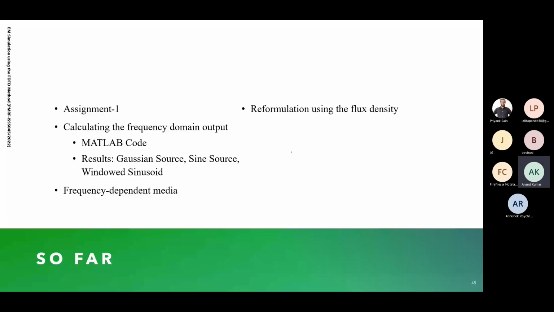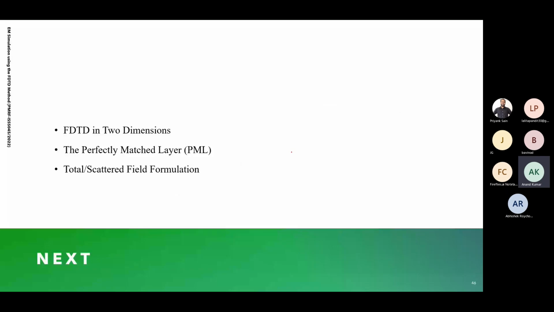The next class will start with the FDTD in 2 dimensions, the perfectly matched layer. I'll see how much we'll be able to do in the next class, but this will probably take 2 to 3 classes. Since we already know how to get the frequency domain results, we'll look at them as well to get the total and scattered field formulation in 2D.